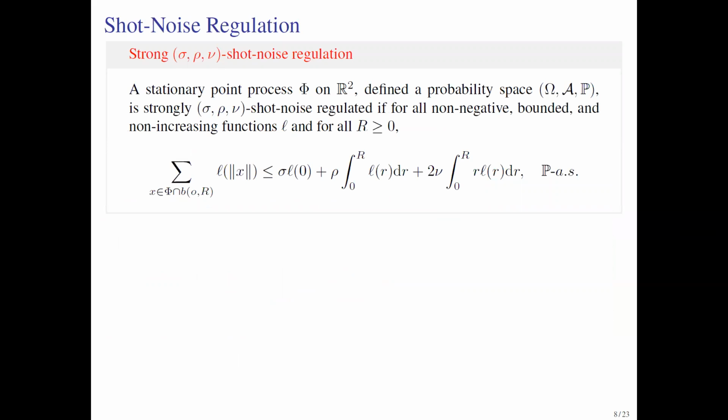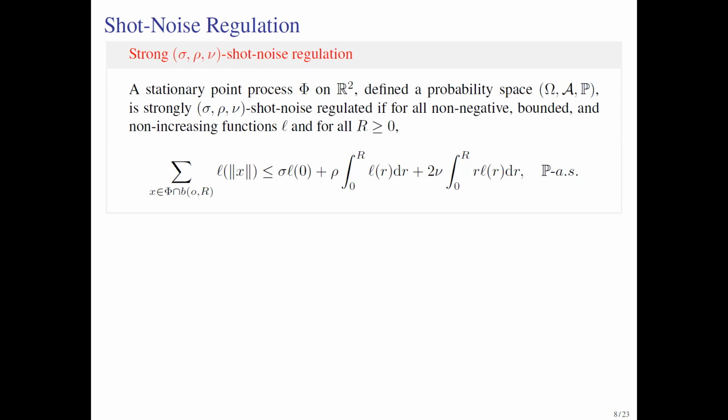My second definition is called shot noise regulation. And it says that a stationary point process is strongly sigma rho nu shot noise regulated if for all non-negative bounded and non-increasing functions L and for all r, this inequality holds true almost surely.